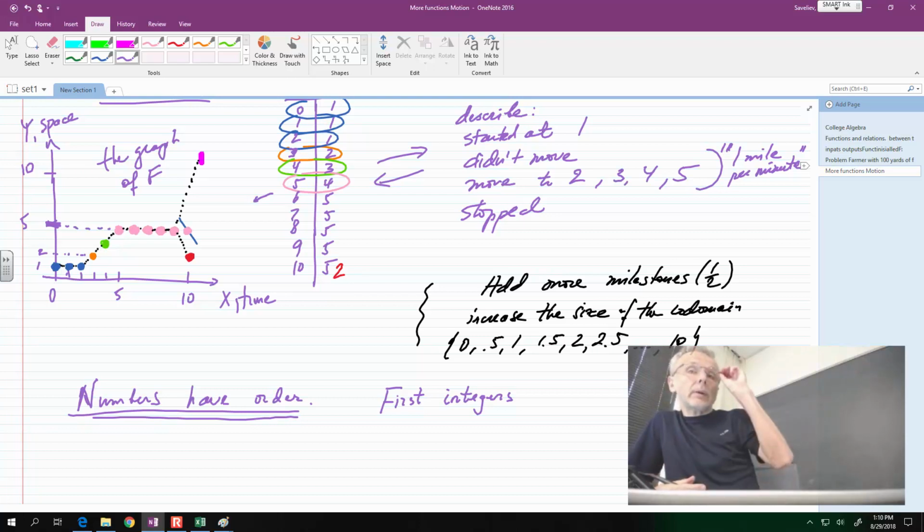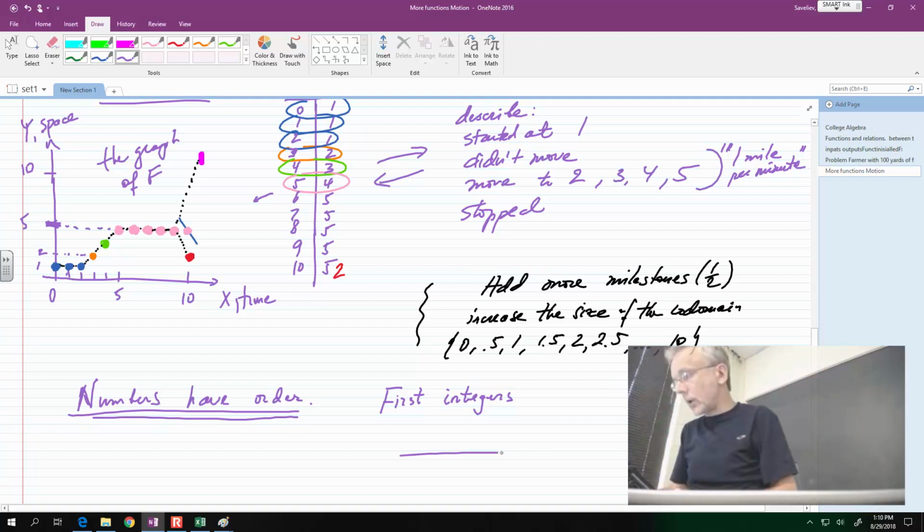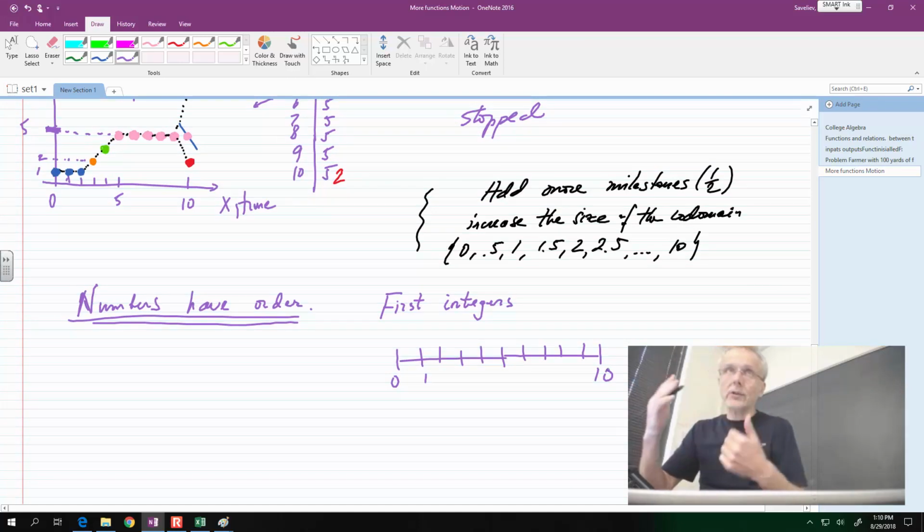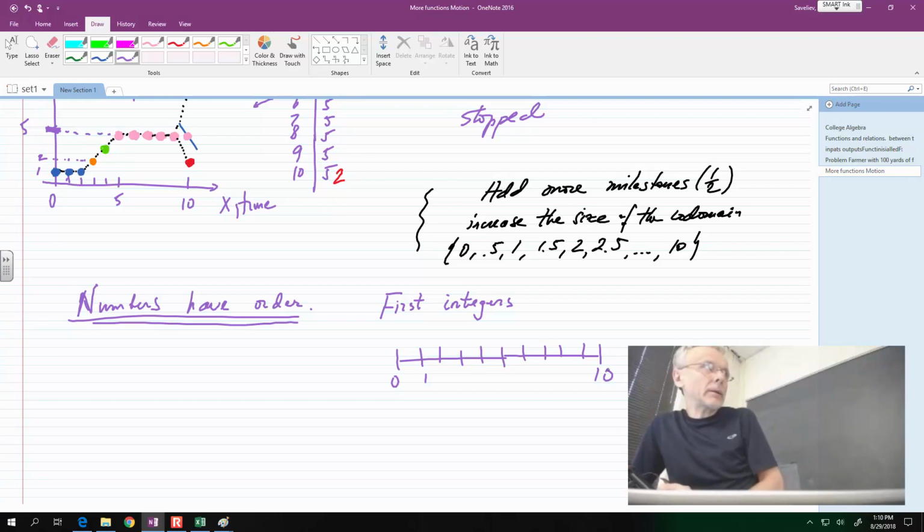So if we're studying motion, and for whatever reason we are moving slowly, then just looking at milestones is not enough. And so what happens is we introduce markings, half milestones, if you like. If you start with this, you might have no more than 10 milestones to begin with, from 0 to 10. But if you want to capture motion that is slower than a mile per minute, then that's not enough.